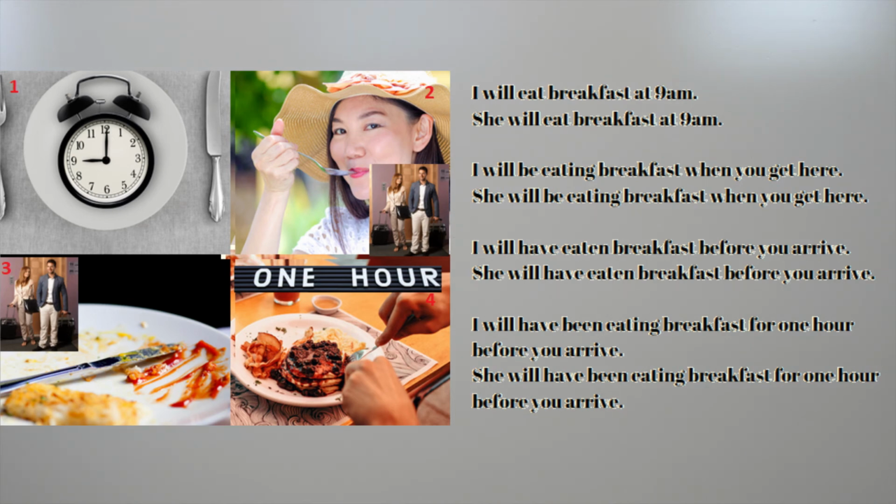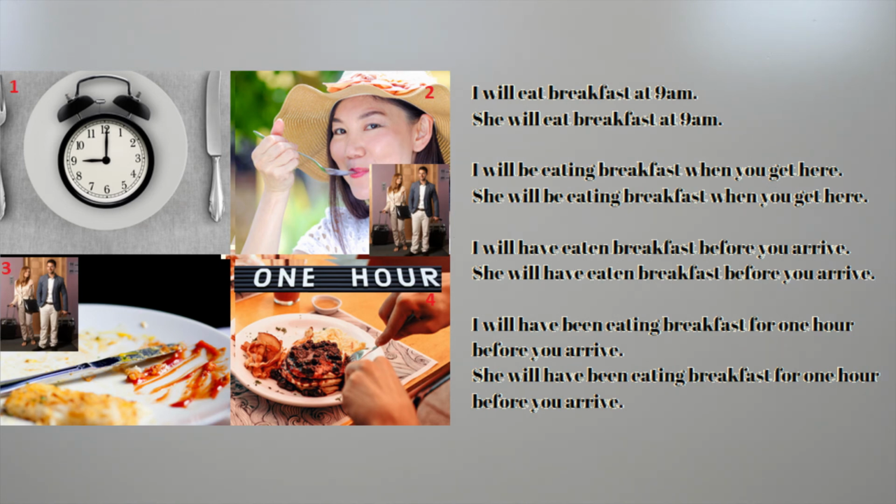Or, she will be eating breakfast when you get here. In the third picture, using the future perfect, your sentence would say, I will have eaten breakfast before you arrive. Or, she will have eaten breakfast before you arrive.